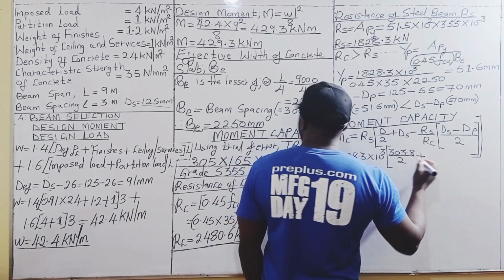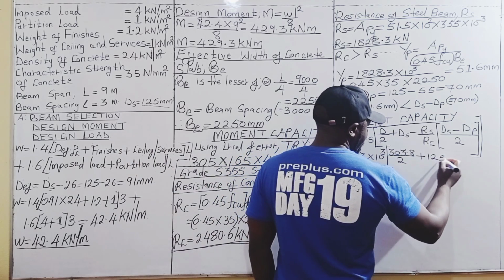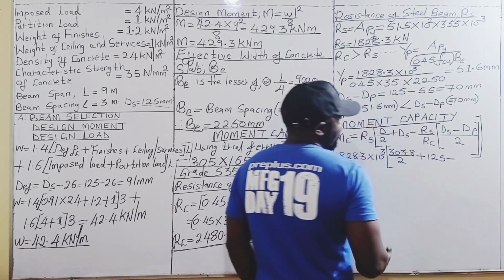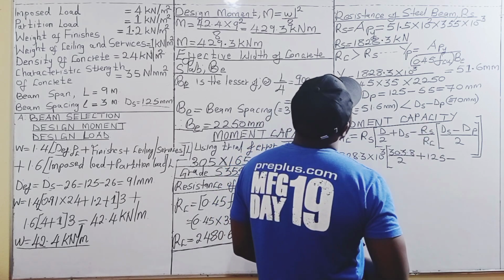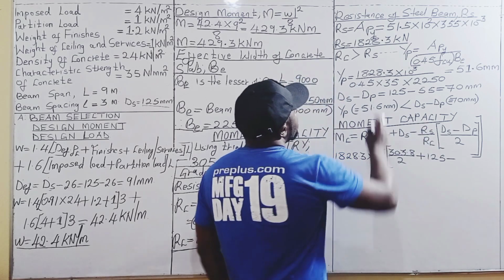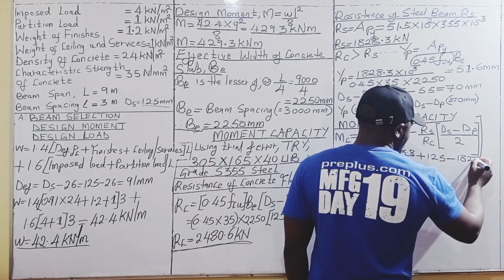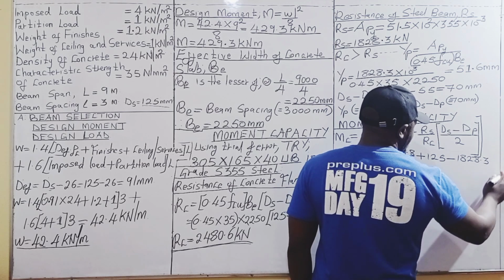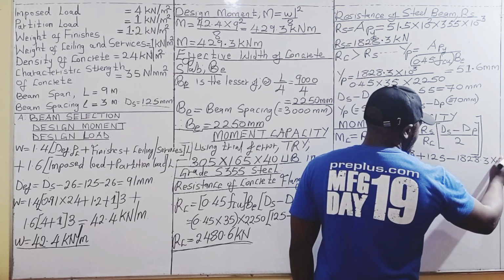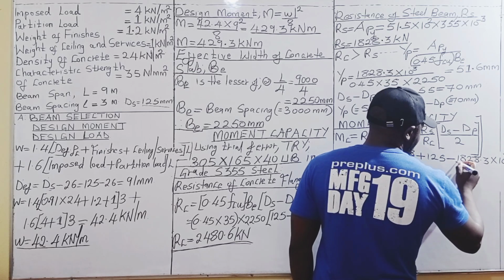Then we add this to DS, which is 125 millimeters. We subtract RS over RC. RS is 1828.3 kilonewtons. We convert to newtons, that is multiplying by 1,000.